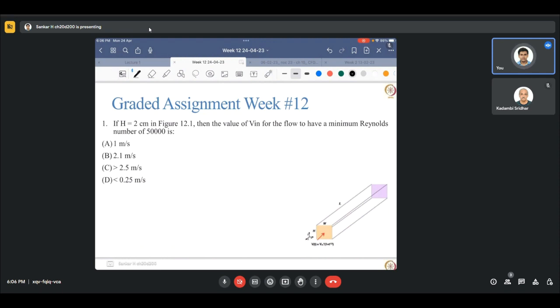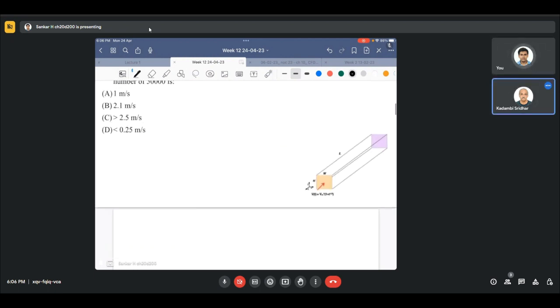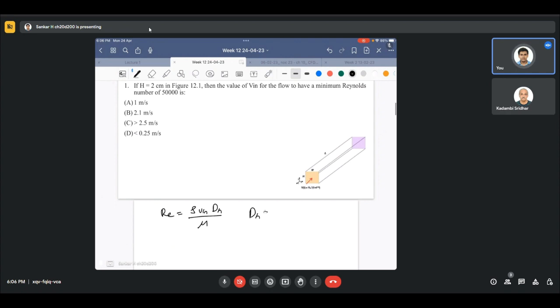So basically, Reynolds number is given by rho times velocity inlet times the hydraulic diameter by the viscosity, and the hydraulic diameter is basically 4 times the hydraulic radius, which is 4 times the area of cross section by the perimeter. And in this case, if h equal to 2 centimeter, then w will be 2 times 1.5, because w is 1.5 times h, which is 3 centimeter.